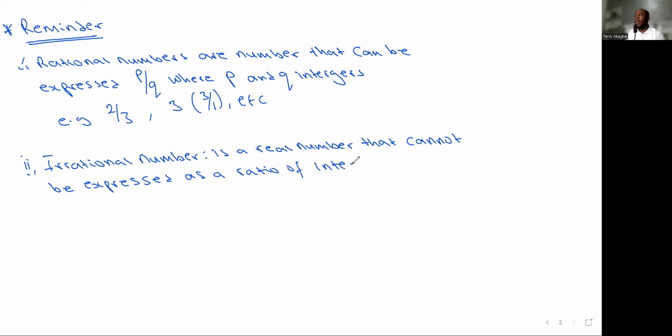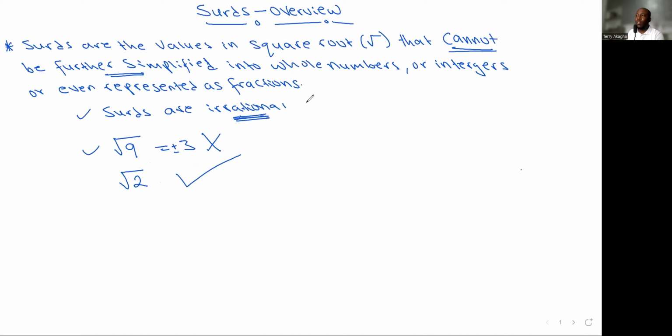For instance, if we say square root of 5, there's no other way you can express this as a ratio of integers. That is why surds fall under these, because they are classical irrational numbers. So going back, that makes more sense now: surds are irrational numbers.